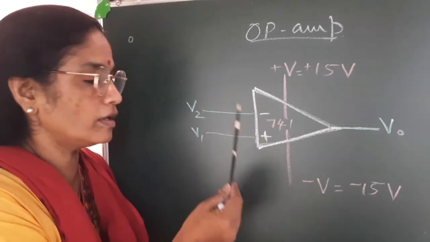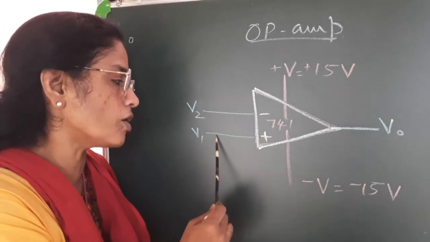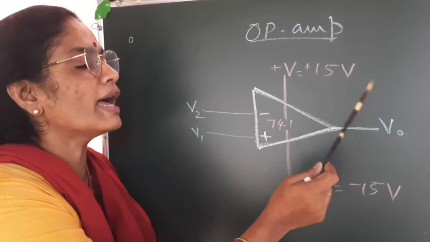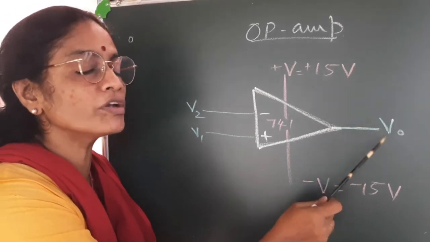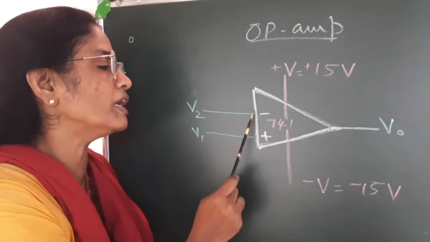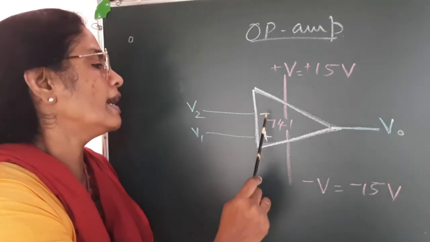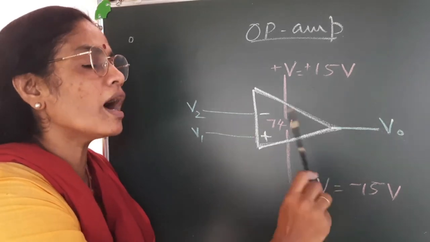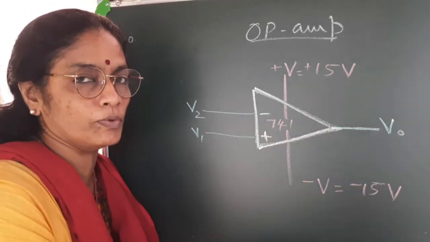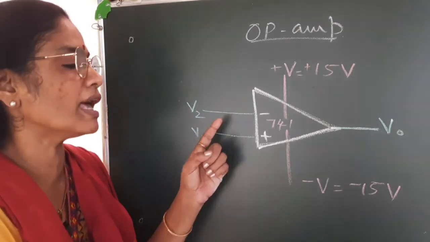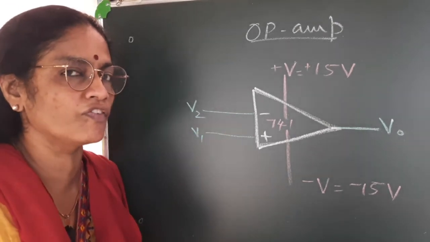If you give a voltage at this non-inverting input, it will appear as non-inverted, or in the same phase, in the output. But if you give an input at the inverting terminal, then it will appear out of phase in the output. So, that is the concept of the inverting terminal and non-inverting terminal of input.